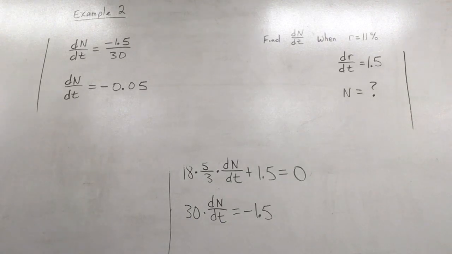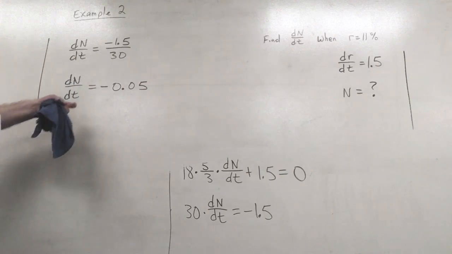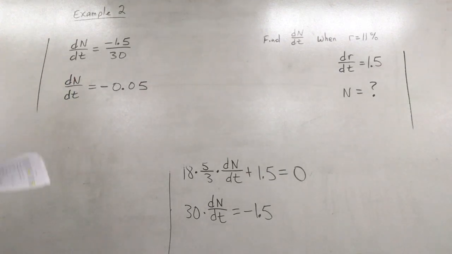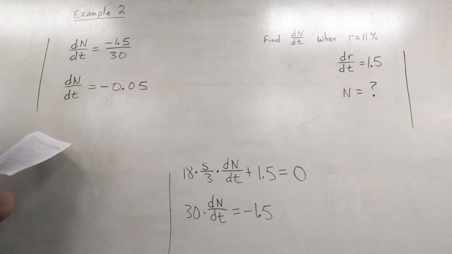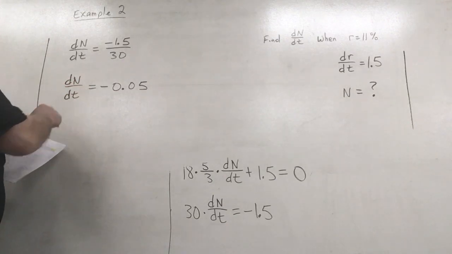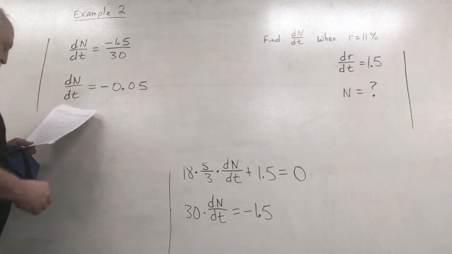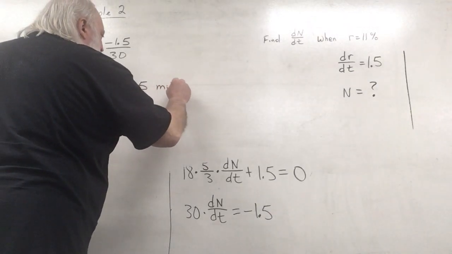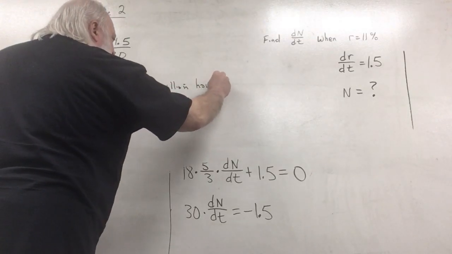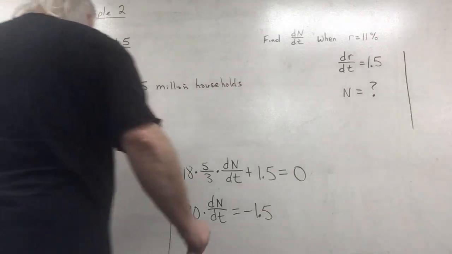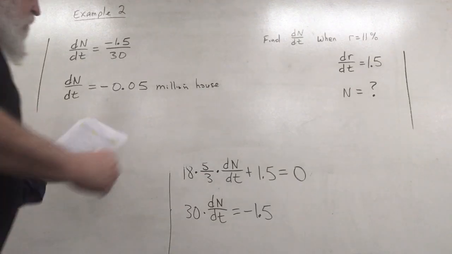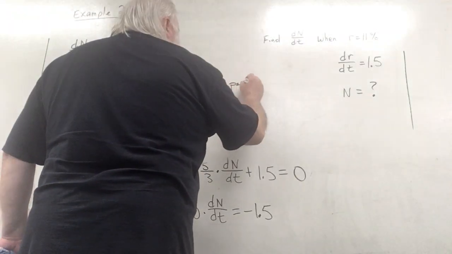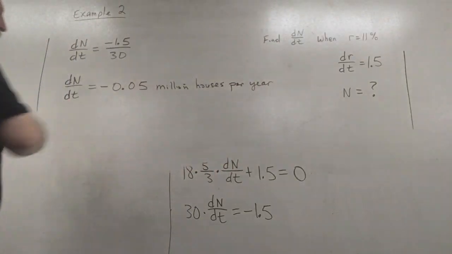Minus 0.05 what? Remember, derivatives are measuring how fast something's changing, so it's like a speed: something per something else. N is housing starts in millions. So the rate of change of housing starts with respect to time is minus 0.05 million houses per year, since time is in years.